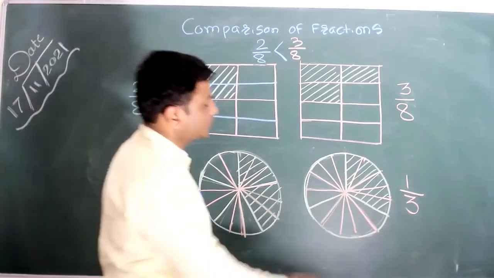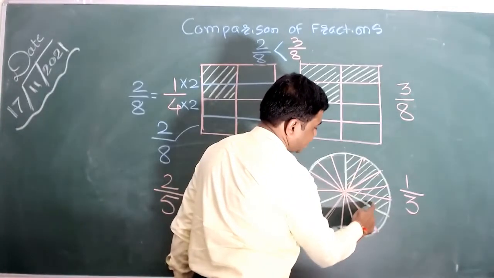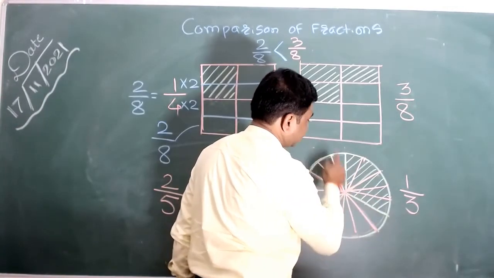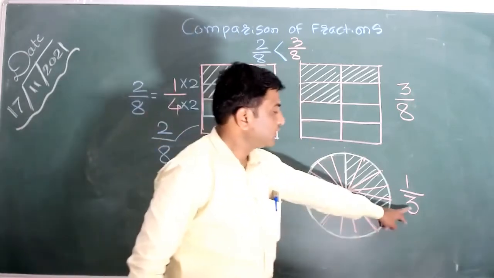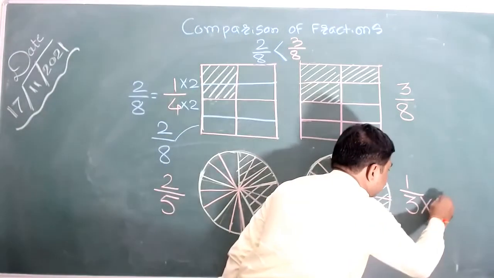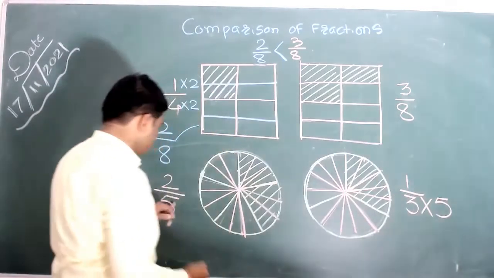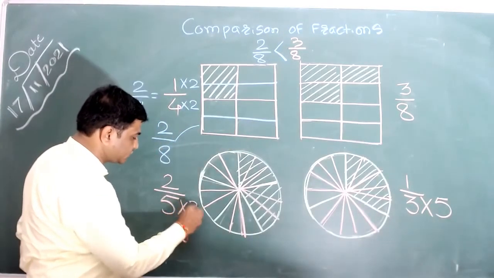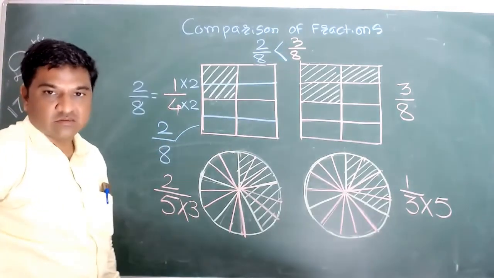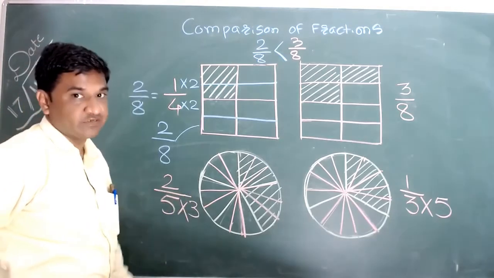Now you can see how many equal parts there are: 1, 2, 3, 4, 5, 6, 7, 8, 9, 10, 11, 12, 13, 14, 15. So here each part I am dividing into 5 equal parts, and here also I am dividing each part into 3 parts. So the number of parts, that is the denominator, will become equal to 15.